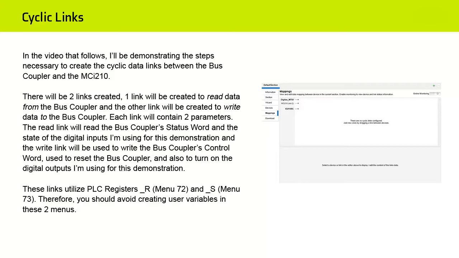The read link will read the bus coupler's status word and the state of the digital inputs I'm using for this demonstration. And the write link will be used to write the bus coupler's control word, which is used to reset the bus coupler, and also to turn on the digital outputs I'm using for this demonstration.